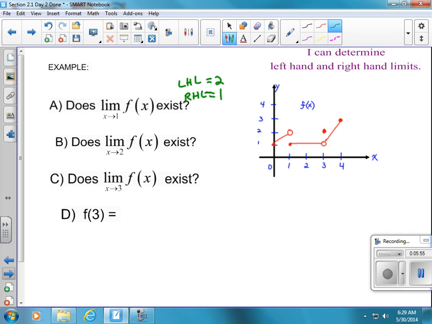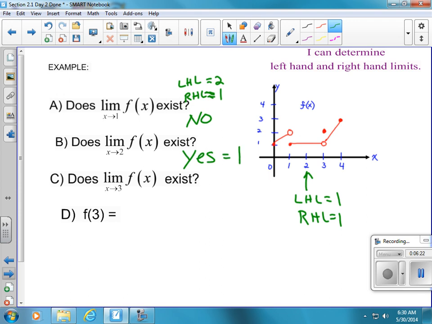So therefore, the limit does not exist. At x equals 2, does the limit exist? Well, the left-hand limit equals 1, because y equals 1, and the right-hand limit also equals 1. Therefore, the answer is yes, it's equal to 1.